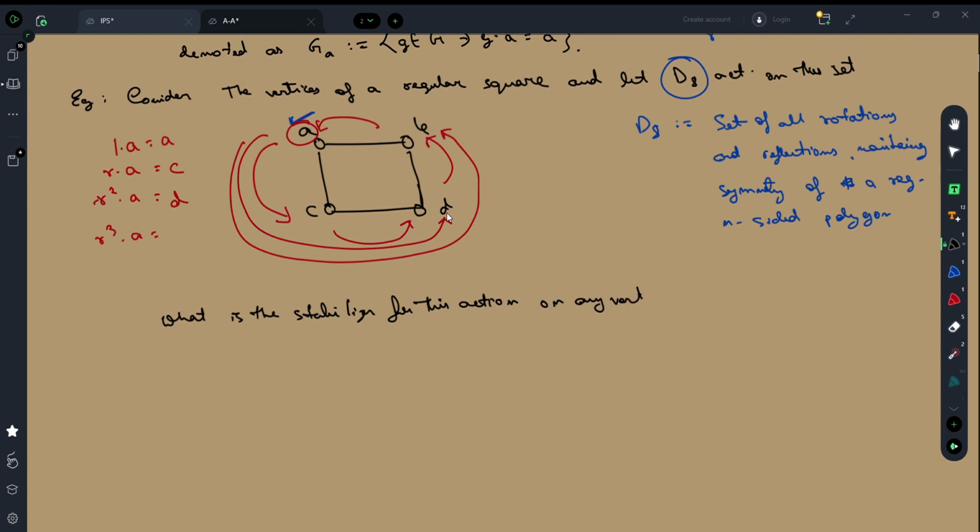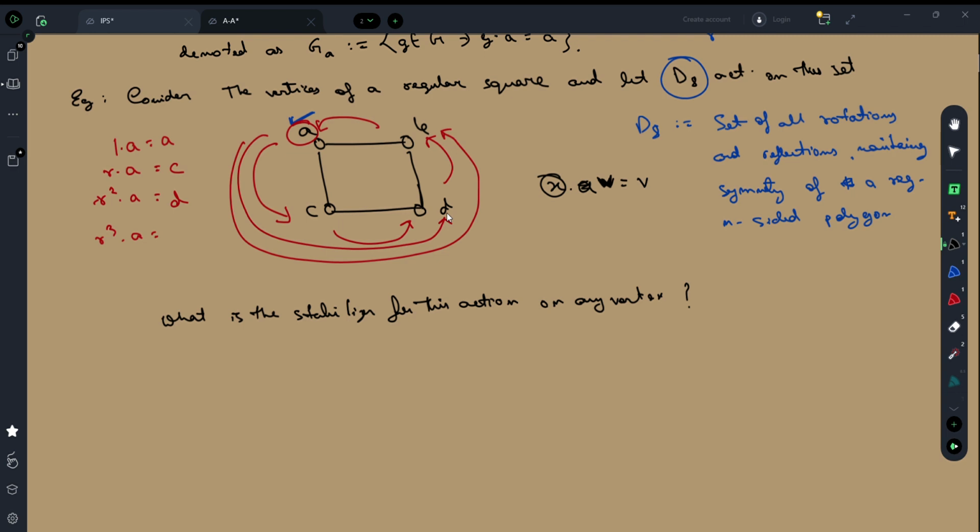Any random vertex you choose, what should be the stabilizer of that vertex? Now it's quite obvious that the action is choosing a single element from D8. Let it be denoted as X, an element in D8. You act X on one of these vertices, let it be denoted as V, and you want that V remains V.